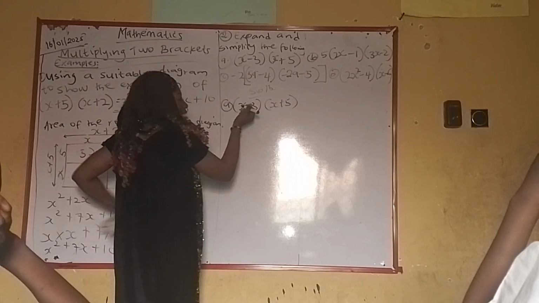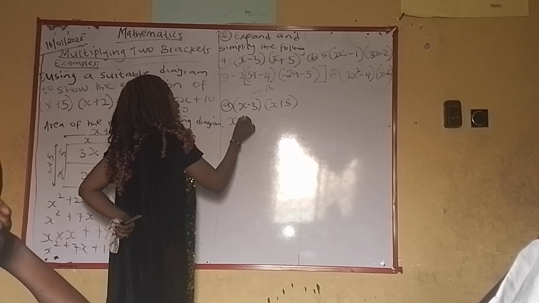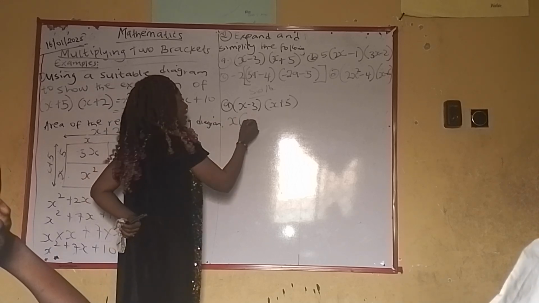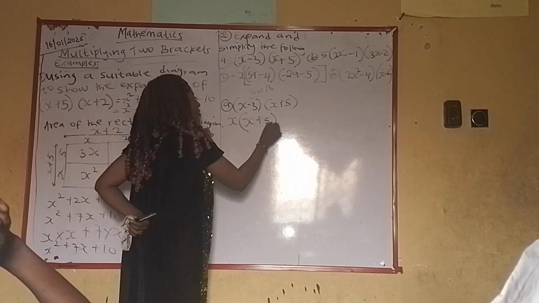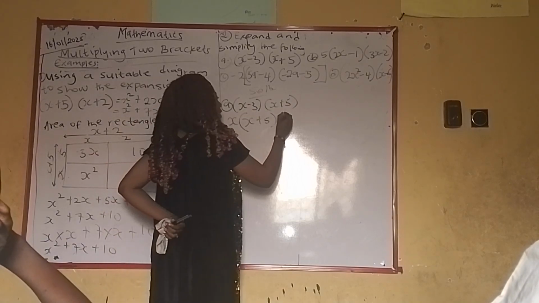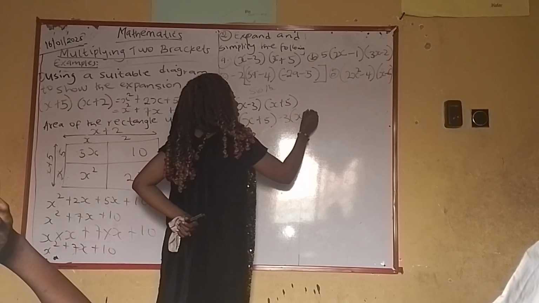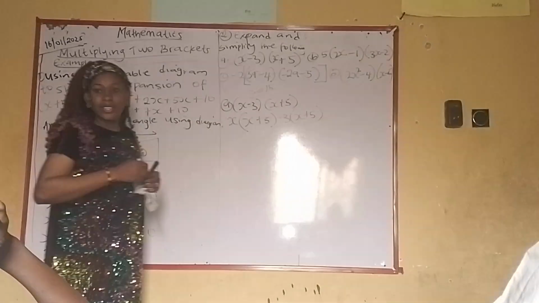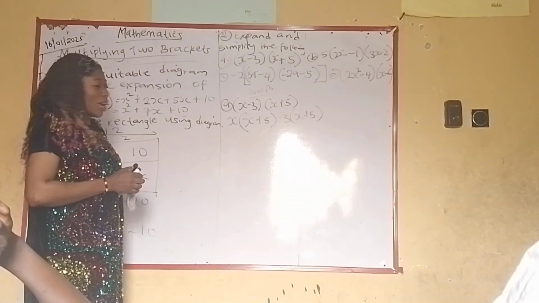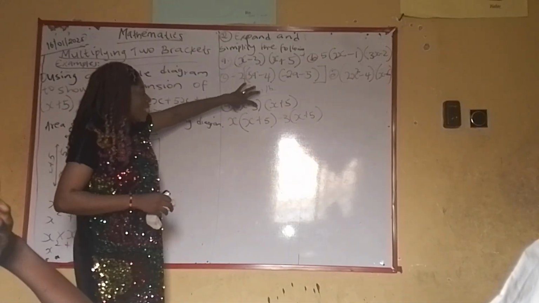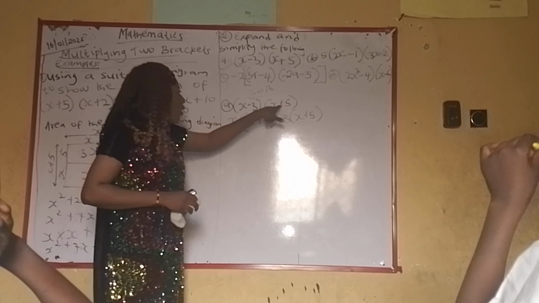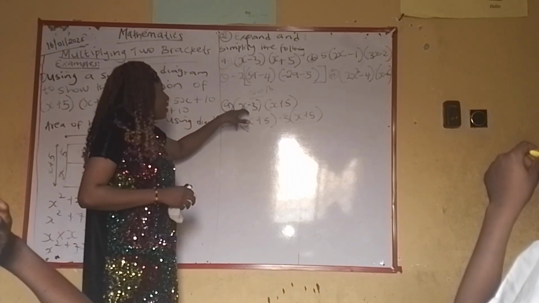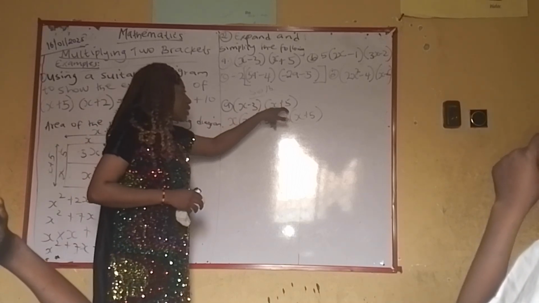What do I mean? This is x, right? Put it out of the bracket, then x plus 5. Then the next one, minus 3 times x plus 5. Is it clear? What did I do? I shared the first bracket, the two numbers among this bracket.